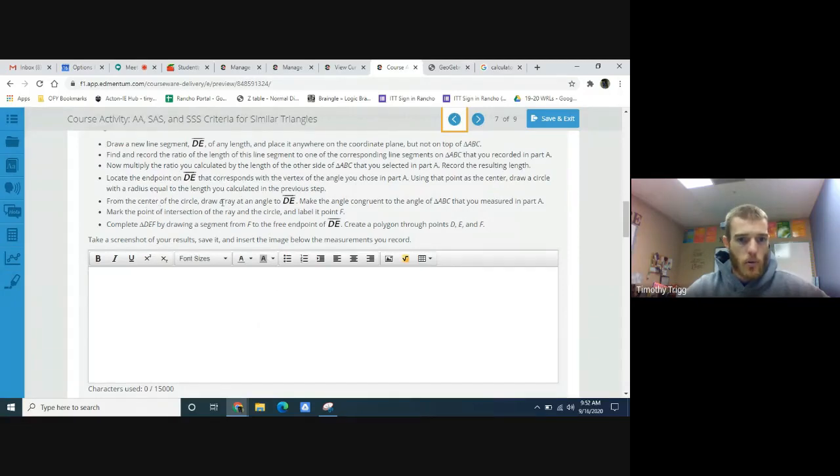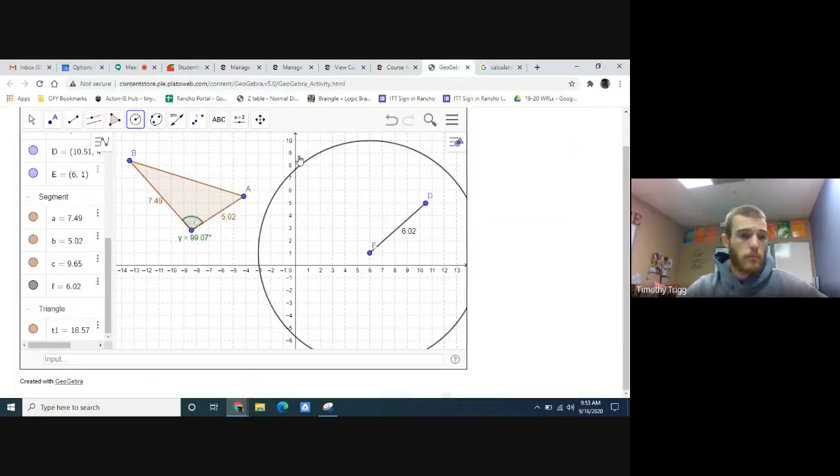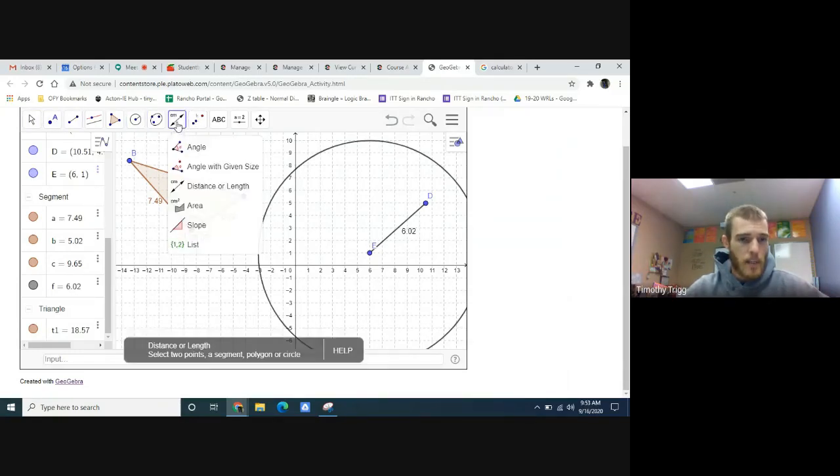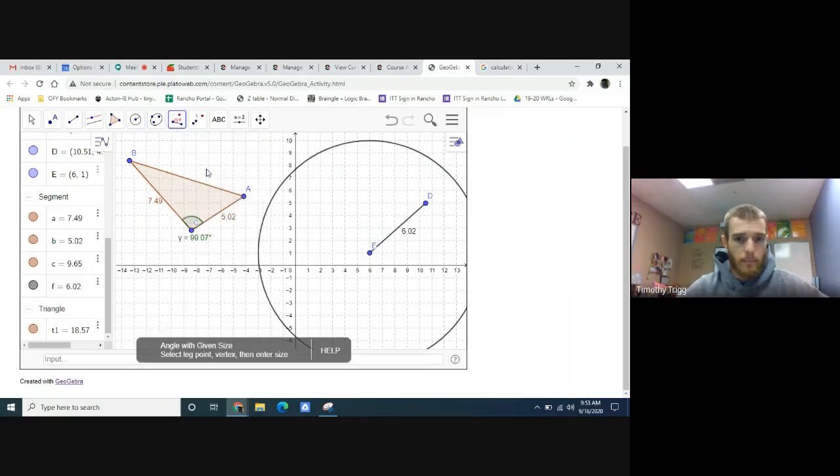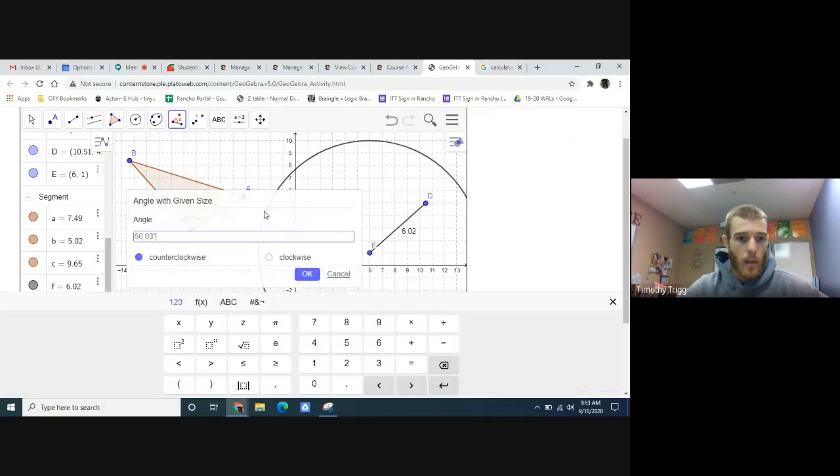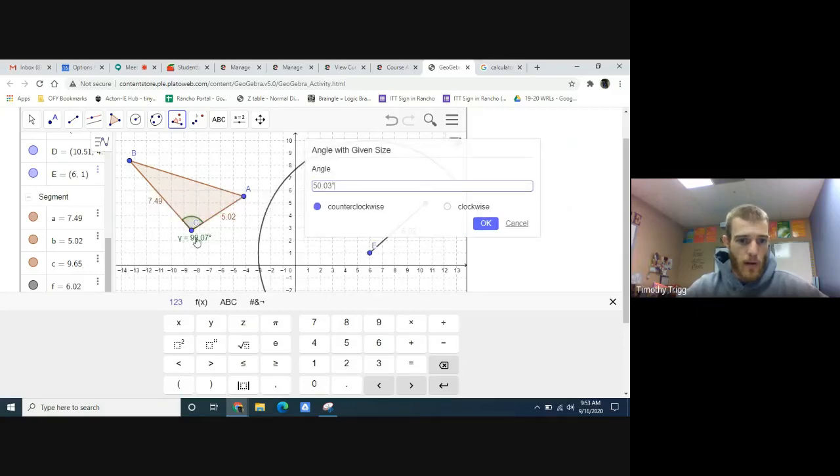From the center of the circle, draw a ray at an angle to DE, make the angle congruent to the angle of triangle ABC that you measured in part A. Okay, so first thing I want to do is go back up to here. We're going to go to angle with given size. Click on that. Then you want to click D, then E. And the angle that we want is whatever this angle is here.